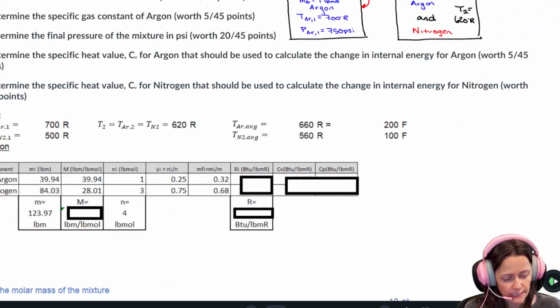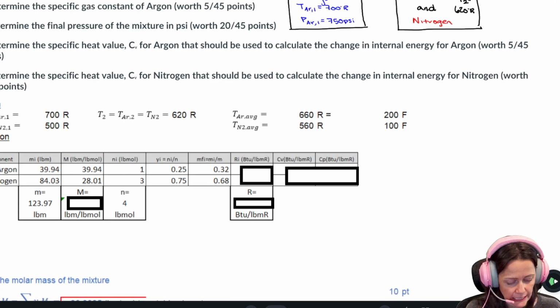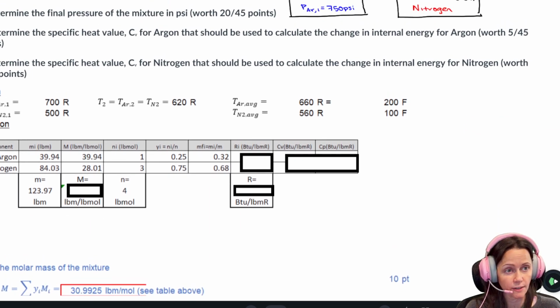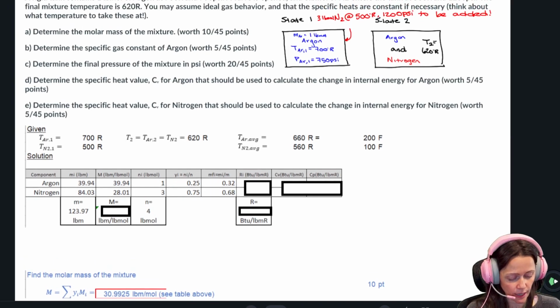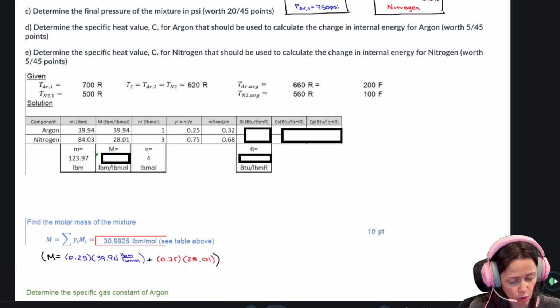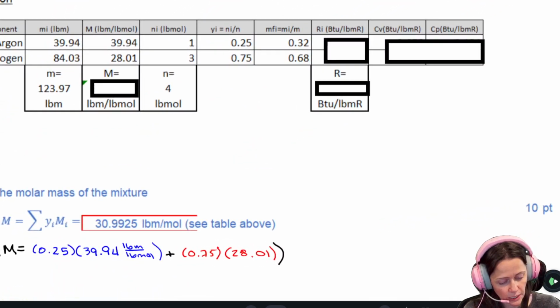And so now I need to get the other stuff. I need to get the molar mass of my mixture. What you can use is the molar mass as the sum of the mole fractions times the molar mass for each of those components. The numbers you're plugging in are 0.25 and 0.75, right?